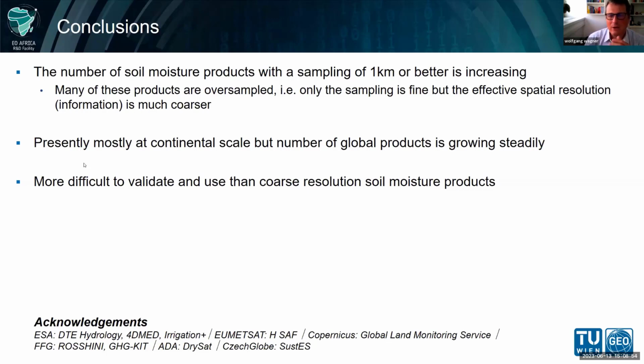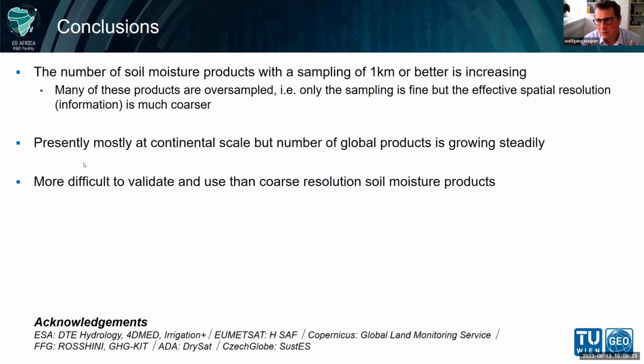I've shown you now a couple of different products that come with a sampling of 1 kilometer or better. And just again to highlight, if you use those products, always check how they are derived and try to distinguish between the sampling and the real resolution, because that has an impact on how it will behave in the application and if you get the information that you're looking for.